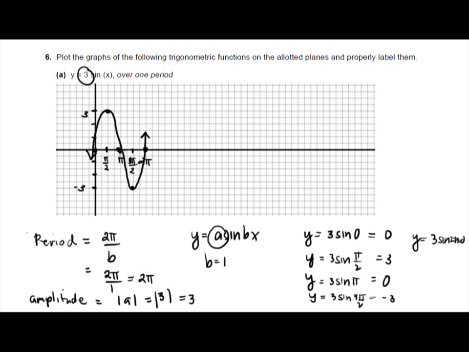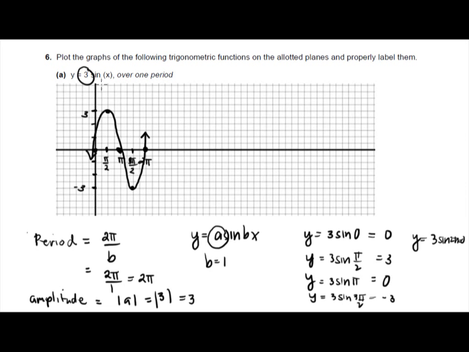So first, half the period, that's pi. Half the pi, that's pi over 2. And then in between pi and 2 pi is 3 pi over 2, which can be simply solved by adding pi over 2, pi over 2, and pi over 2, or just multiply pi over 2 by 3. So you can get 3 pi over 2. And then you always start with 0, then the highest, then 0 again, the lowest, and then 0.